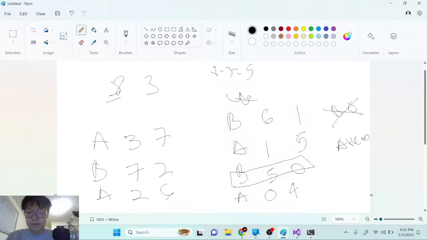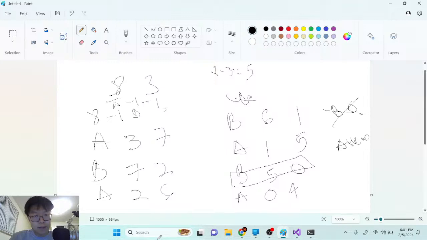I'm trying to think. If it's odd, would it be Bob's turn? Let's see. 8, 3. So 8 minus 1, Alice's turn. Bob's turn, -1. 6 minus 1. Alice's turn.